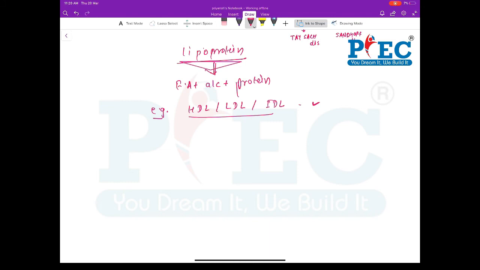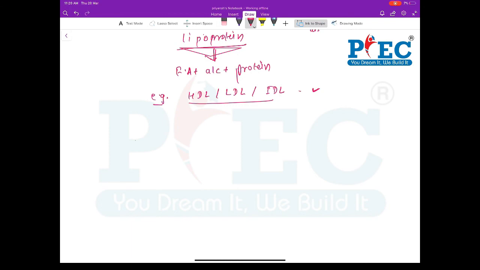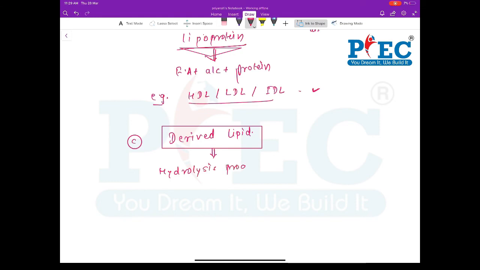The last and third type of lipid is derived lipid. They are the hydrolysis product of lipid.